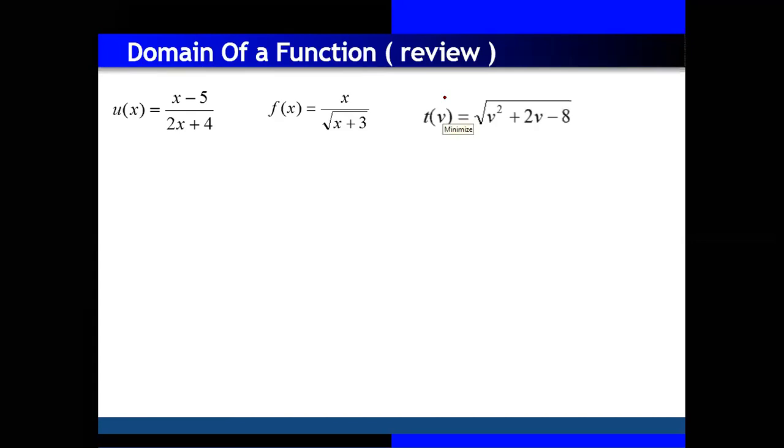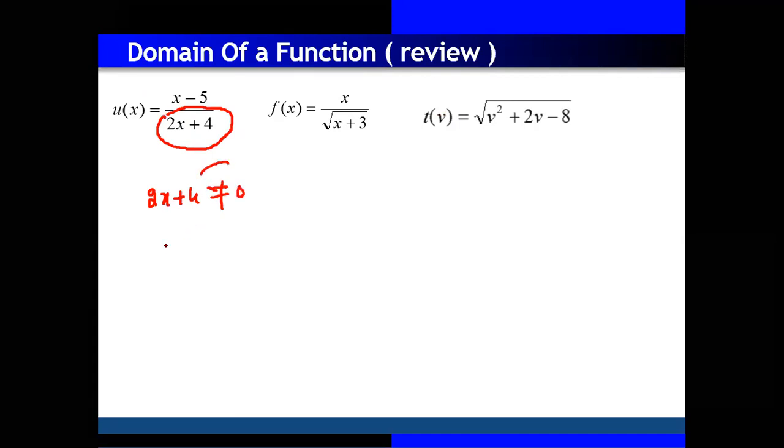Okay, Wali. Okay, excellent. Diva, excellent. So in this type of question, the denominator must not equal 0, because when the denominator equals 0, the function goes to infinity. So just put 2x plus 4 not equal to 0.